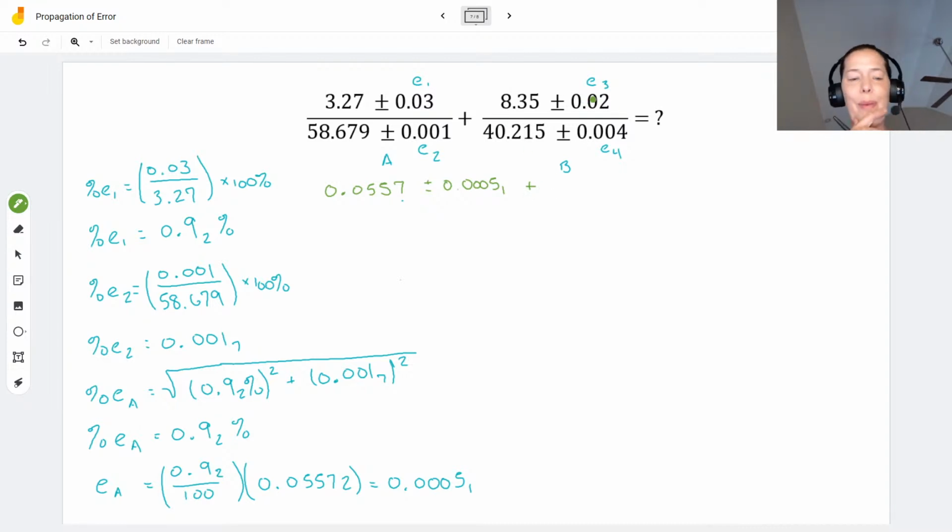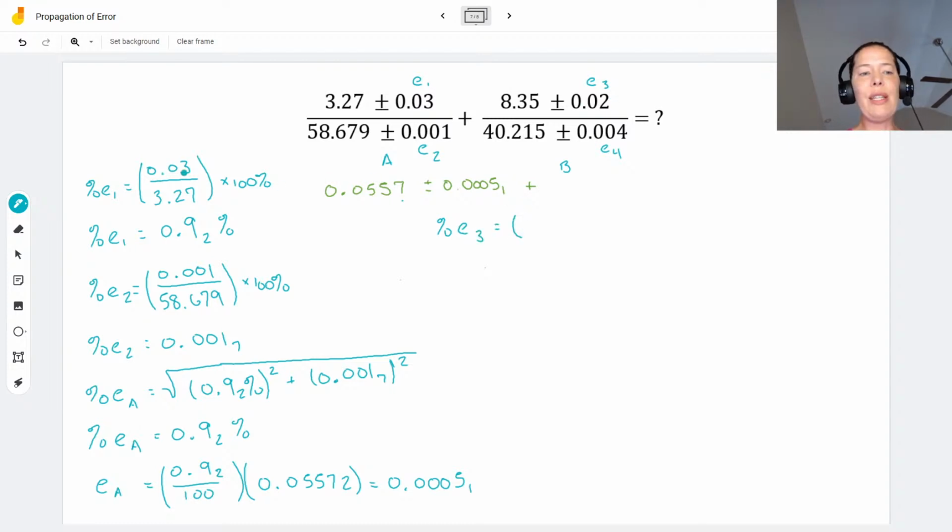I'm wondering if I might need another page, but let's just keep trucking and see if I can fit it on one page. I'm going to do the same thing for term B that I did for term A. Let's get a percent error for term 3 here.